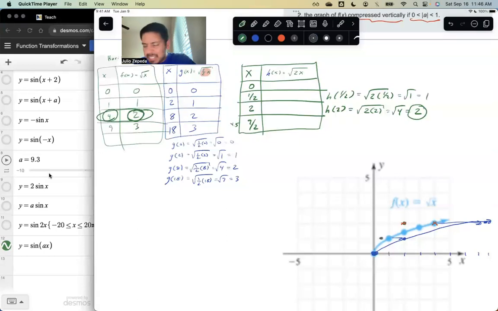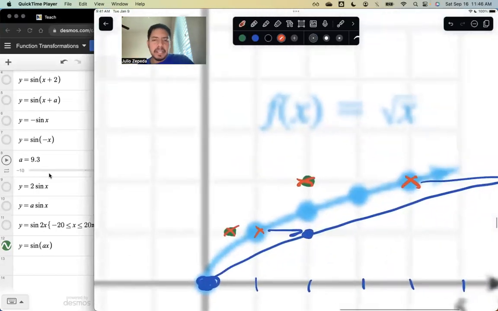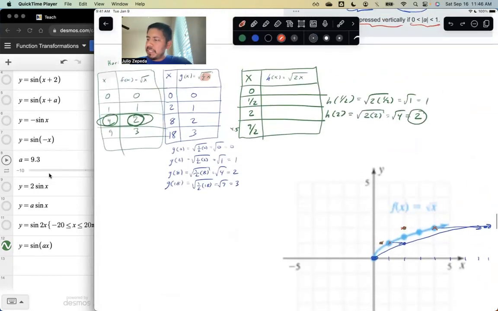I'll mark it with another red X. That one also occurred in half the time. Instead of getting a y value of 1 at x equals 1, we got it at half of 1, or 1/2. Instead of getting a y value of 2 at x equals 4, it occurred in half the time at x equals 2, because we're doubling the input. Hopefully that makes sense. It's kind of cool, I guess.